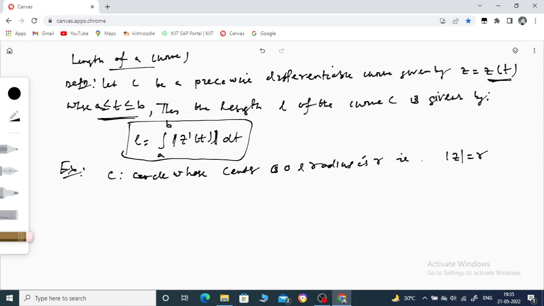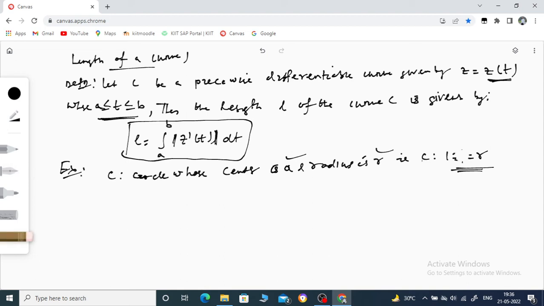That means the equation of the curve is mod z equal to r. That means this is a circle whose center is 0 and radius is r. Sorry, the center is a and the radius is r.